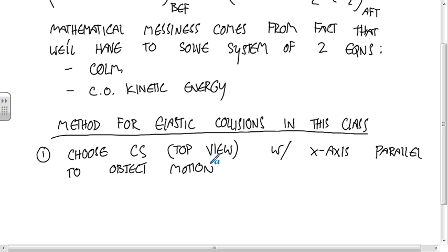Well, what if our problem has two objects coming in at different angles? They'll bounce and leave at different angles. So which of those four directions is our x-axis going to point in? The answer is, in this class, we're not dealing with that case. We're only dealing with the cases where all motion takes place in a line. Okay?